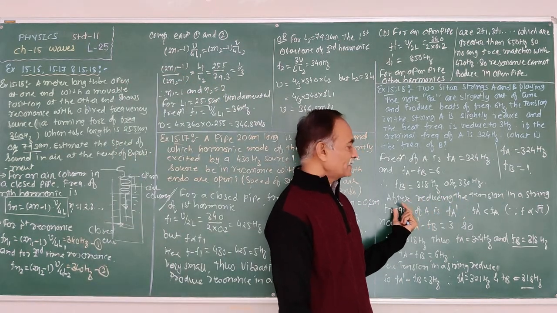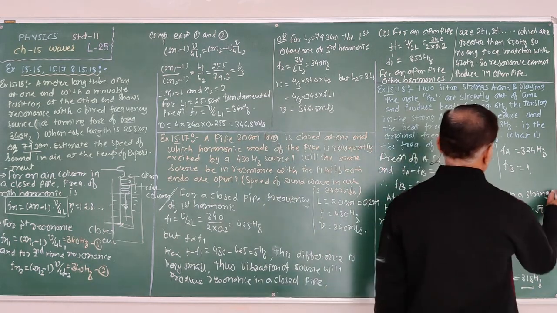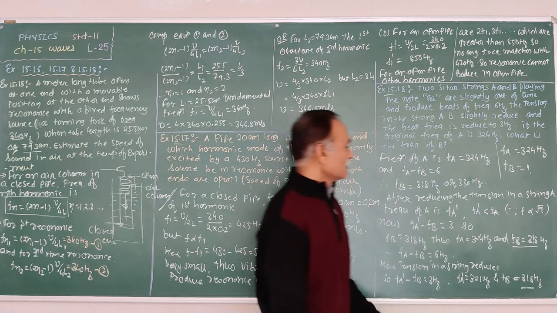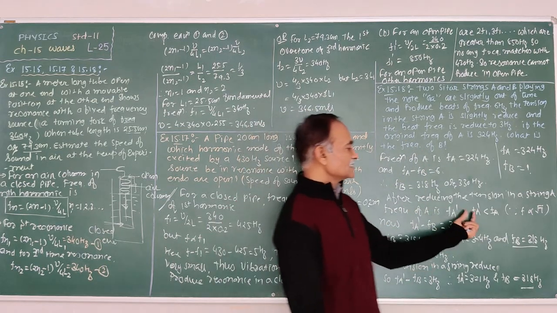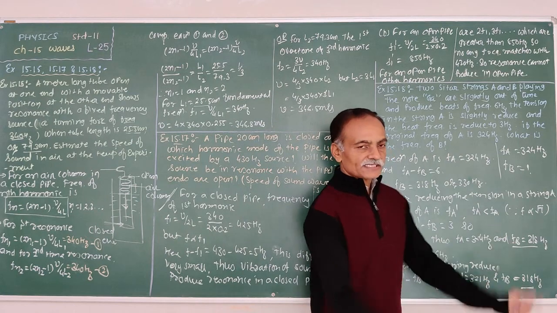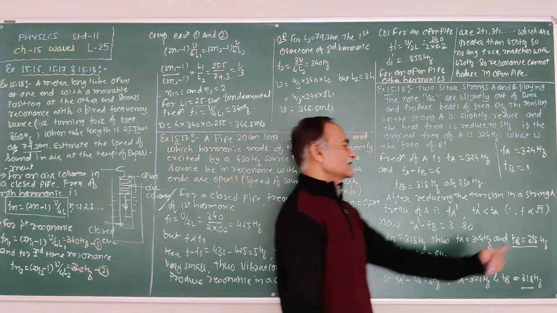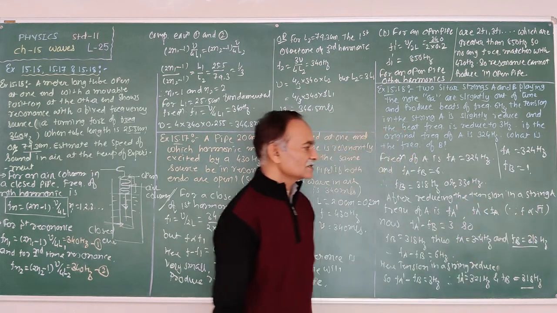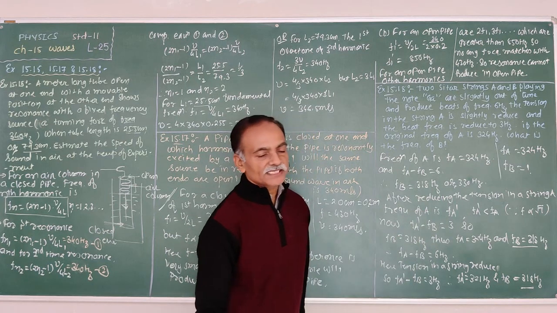Okay, now after reducing the tension in string A, the frequency of A is now FA dash. FA dash is less than FA because F is directly proportional to the square root of tension. As the tension reduces, the frequency is also reduced. Now, FA dash minus FB is equal to 3.